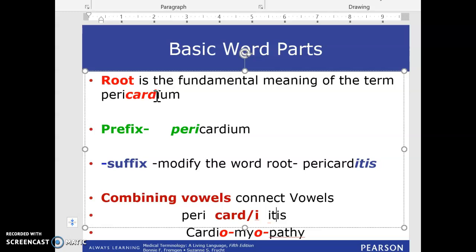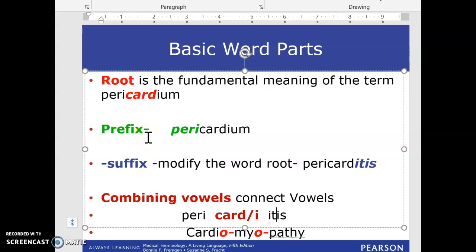Cardi is the heart. The heart, and we're putting additional words in the front, at the end to make a meaning out of it, but we're still talking about the heart, and heart is the root word, also called cardi or cardio.